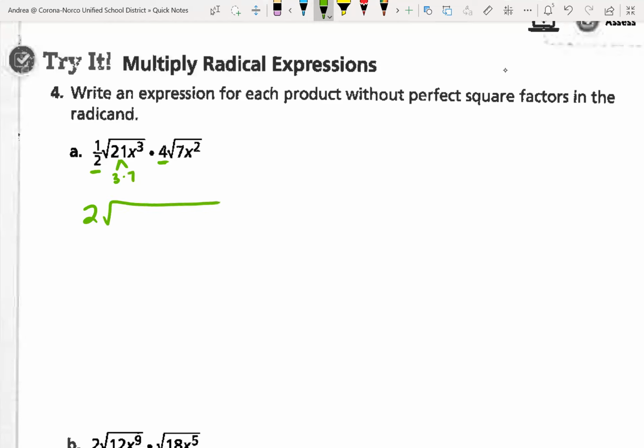So inside my radical, I have 3 times 7 times that other 7. So this comes here, and these come here. And then x cubed and x squared. I multiply those together and I get x to the 5th. Remember, when you multiply things with exponents, you add the exponents.